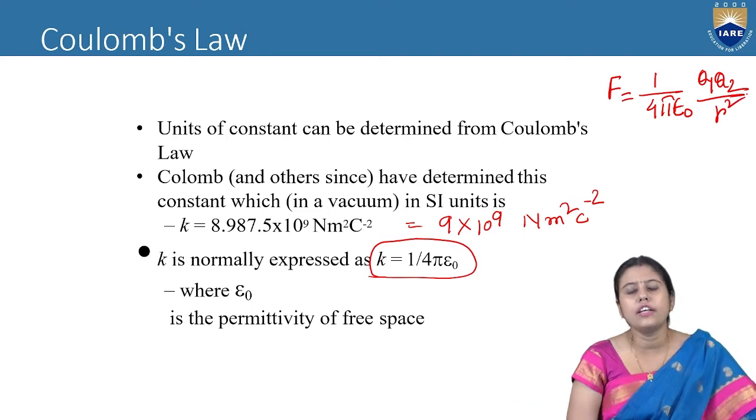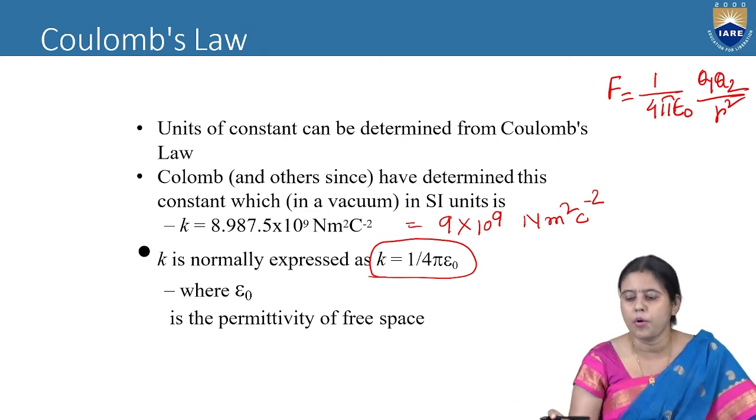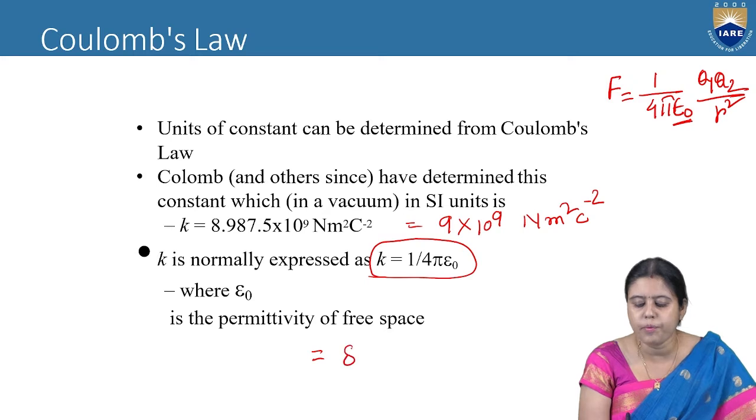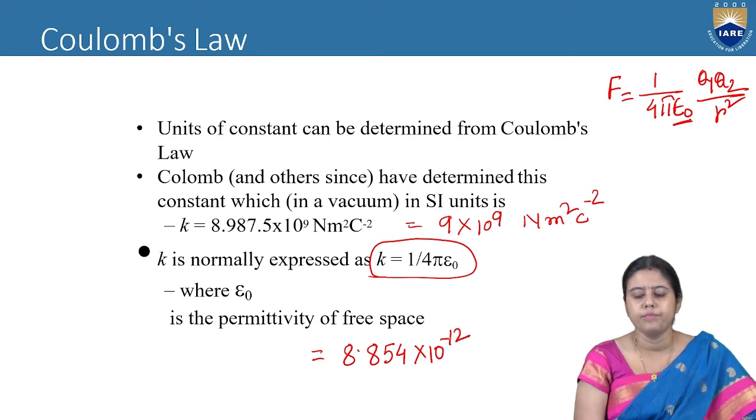This law is known as Coulomb's law. What is the value of epsilon 0? The permittivity of free space, and its value is 8.854 into 10 to the power minus 12.